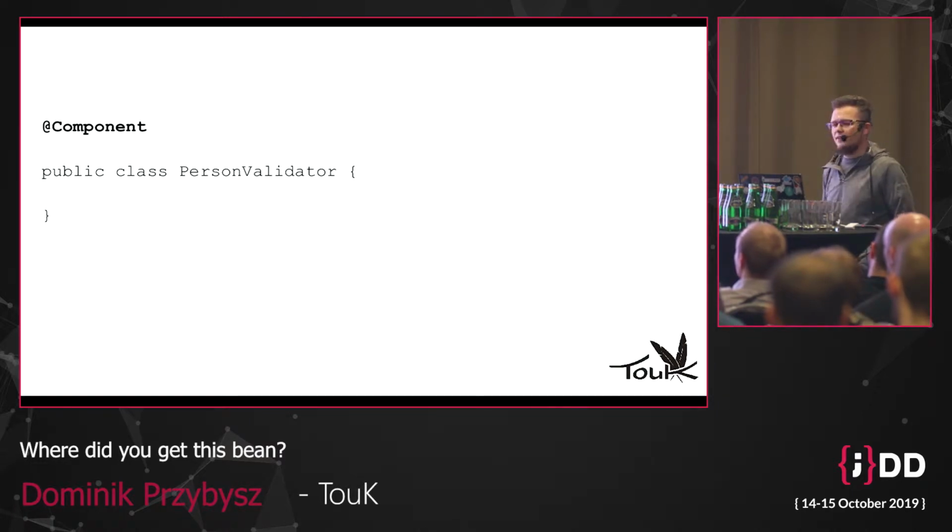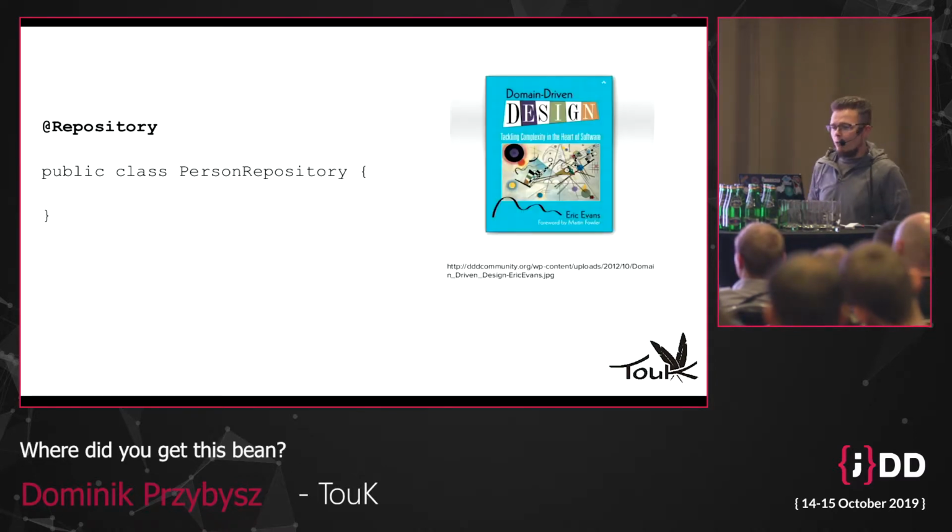For example, person validator. We could also have the person service, which is a service, and it means that it is a service, whatever it means, in the service layer. We could also have repositories, and these are repositories according to domain-driven design.